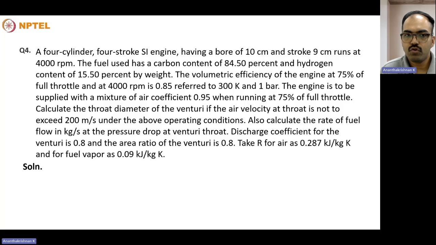Also calculate the rate of fuel flow in kilogram per second at the pressure drop at the venturi throat. Discharge coefficient for the venturi is 0.8 and the area ratio of the venturi is 0.8. Take R for air as 0.287 and for fuel vapor as 0.09 kilojoule per kilogram Kelvin.